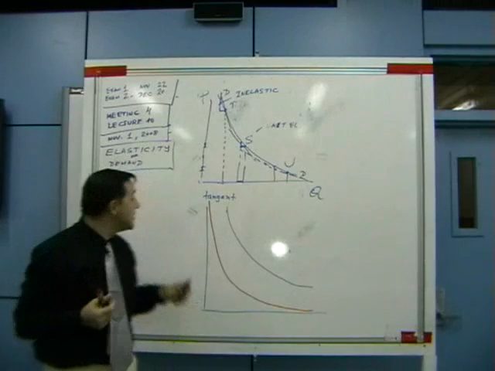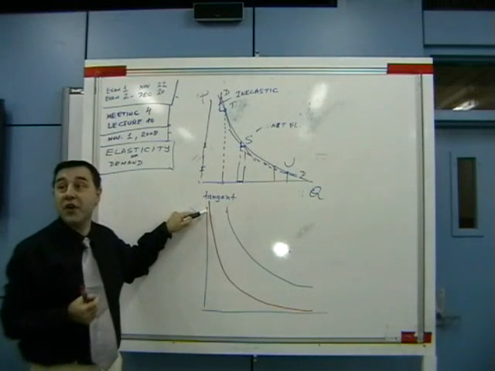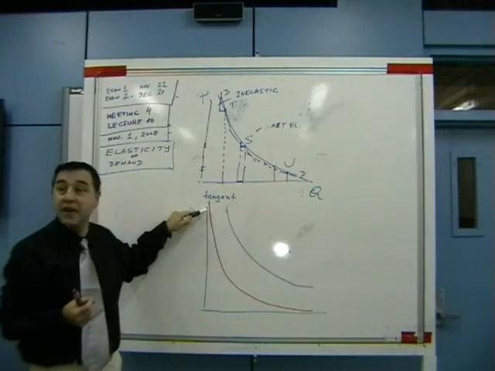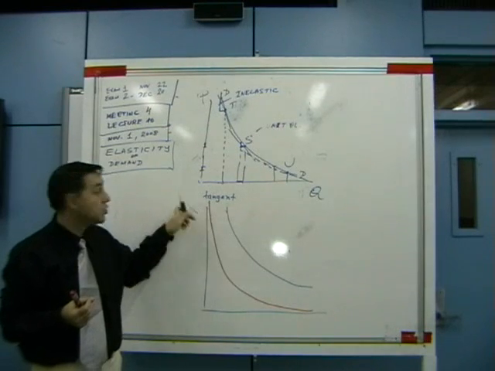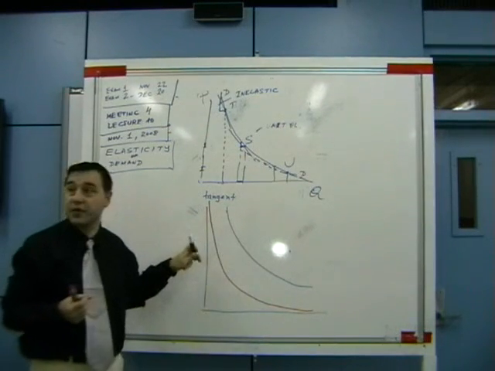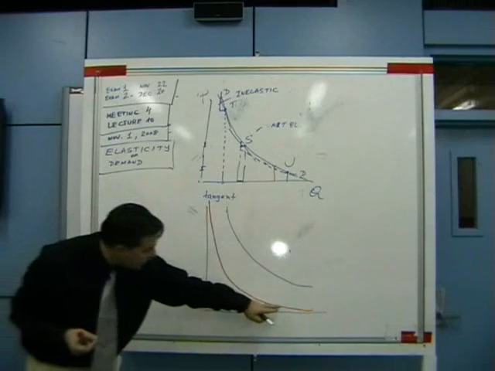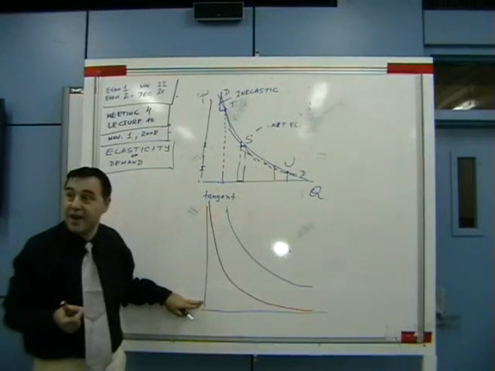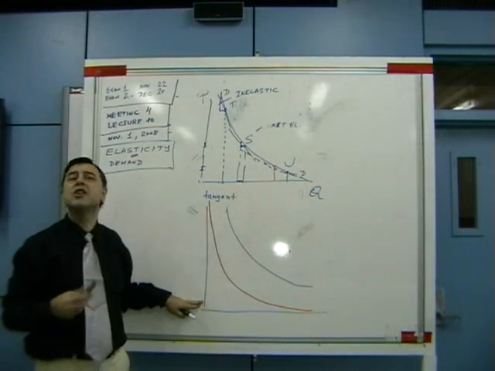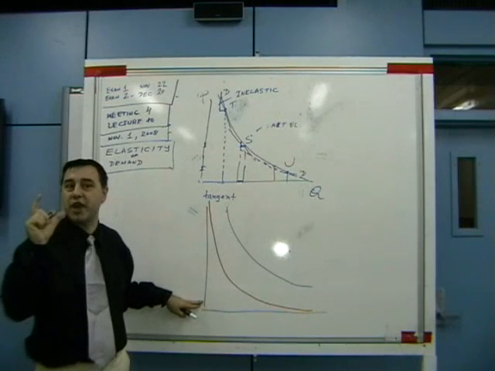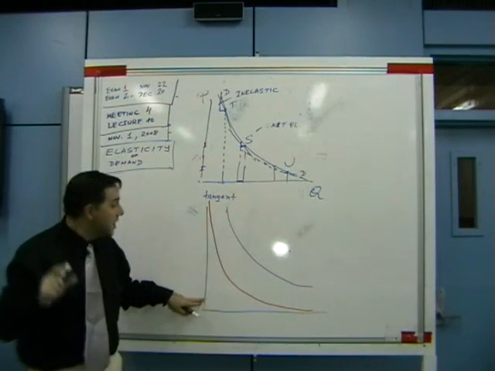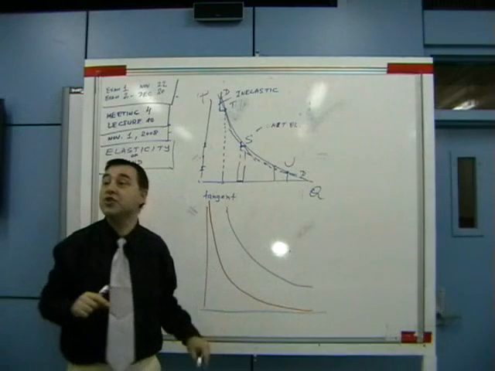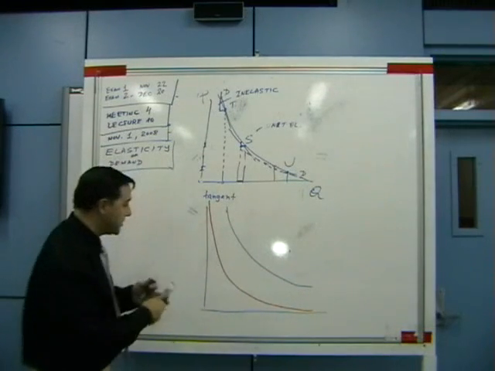You see now what happens when the curve is very close to one of the axes, this or this. Here, a little bit of a change in a price actually results in a large percentage change. All right? Here, a little bit of a change in the price results in a low percentage change.